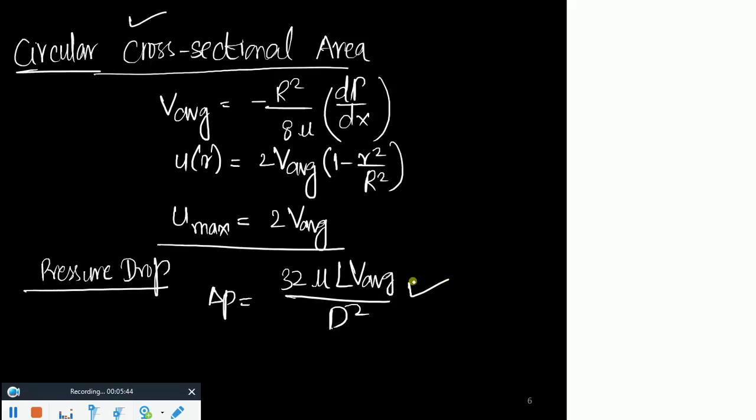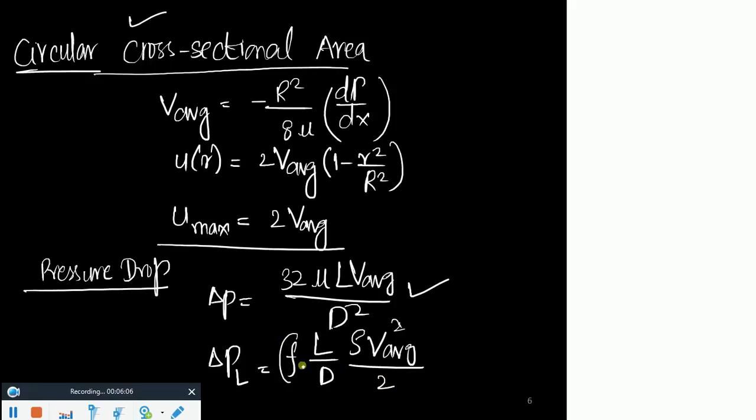And if you remember, we got it from the analytical solution, and I told you there is another approach where you can use an empirical approach to find out delta P, pressure drop or pressure loss. That pressure loss can also be written as f L by D rho V average square over 2.